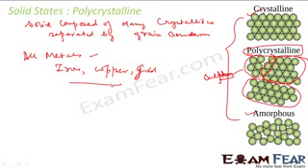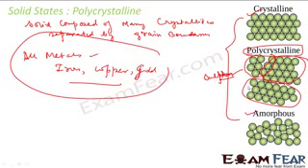If you talk about crystals, then you have sodium chloride, zinc sulfate, all these things. We'll not discuss much about polycrystalline. For this chapter at least, we'll assume they are crystalline itself. In this chapter, we'll assume iron, copper, gold are crystals.